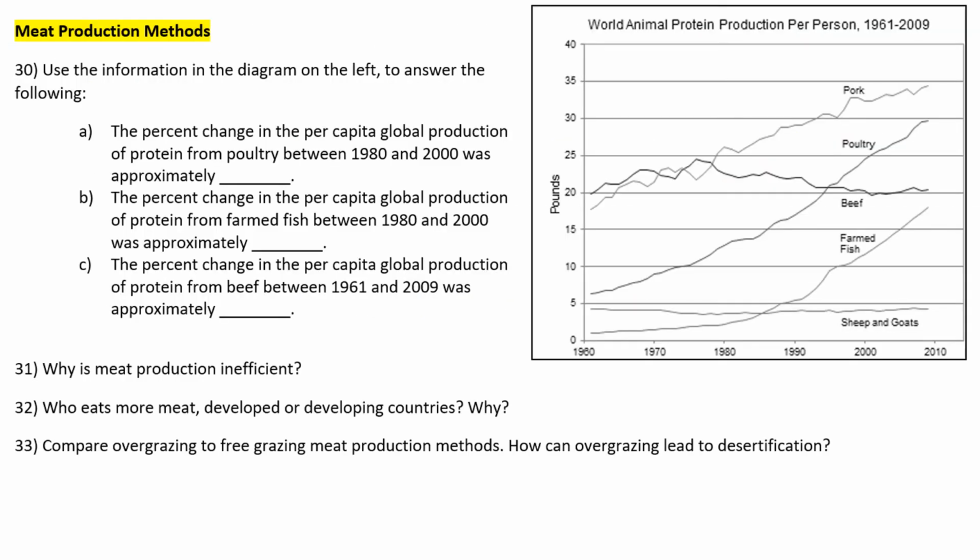Use the information in the diagram on the left to answer the following. So, A, the percent change in per capita global production of protein from poultry between 1980 and 2000 was approximately. So, 1980, I'm going to draw this in green. We're looking at poultry. So 1980 is right here. And then 2000 has it a little bit right here.